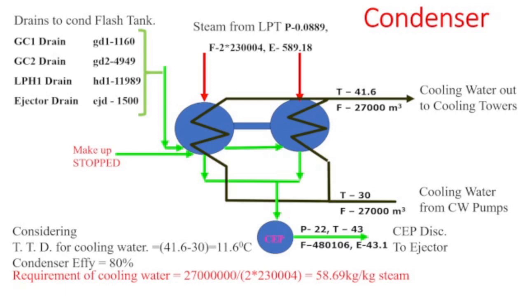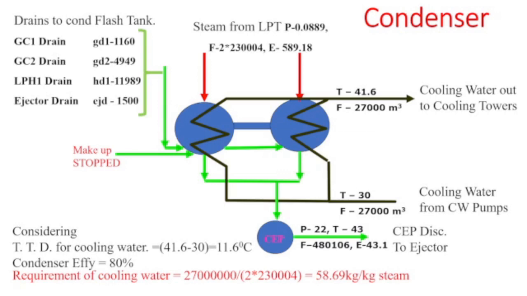The makeup has been stopped completely when we are calculating the heat balance, and the total flow through the CEP comes to around 480,106 kg. This much is the flow.